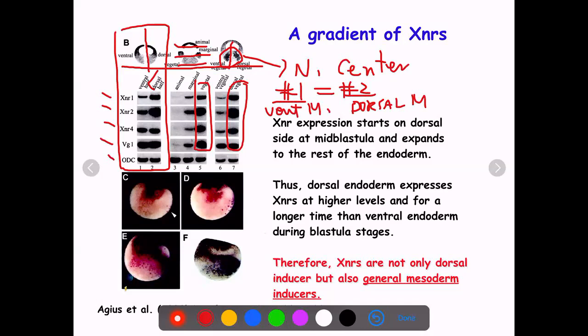But maybe it is the same signal, the same chemical doing that, and how they differ is that number 2 is just more. So same chemical, but number 2 gets more, and then they become dorsal, and the other become ventral. Okay, I think that's where it's getting.